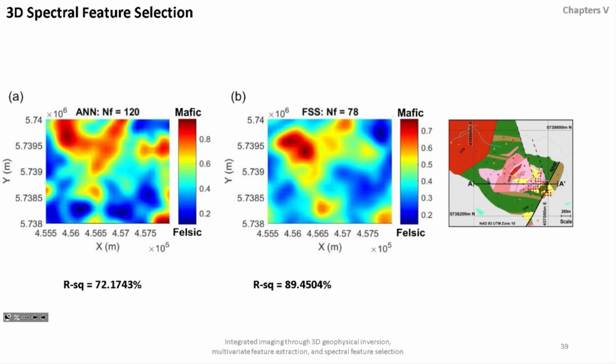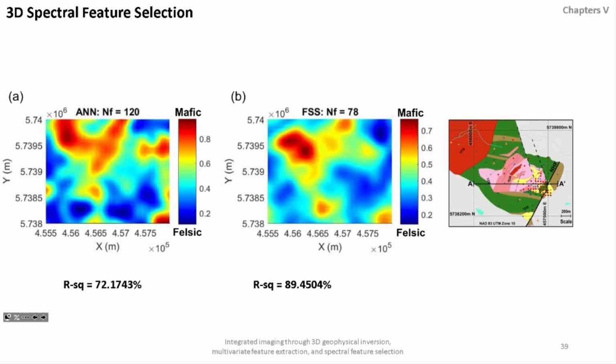We also used borehole lithotypes to train the feature subset selection algorithm. Again, the algorithm gave better results with 78 features out of 120 features. The feature selection reconstructed a more consistent lithotype model compared to traditional interpolation methods and conventional neural network.